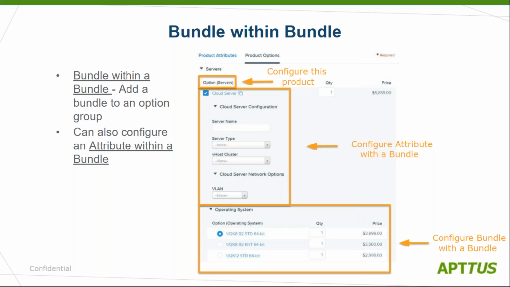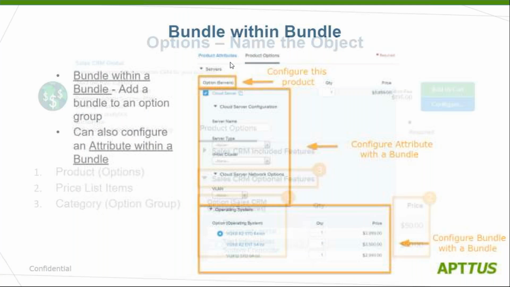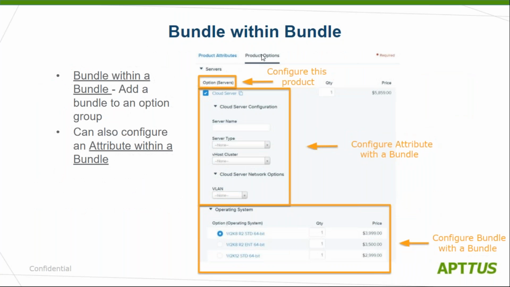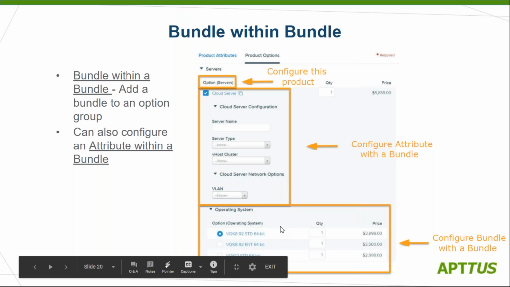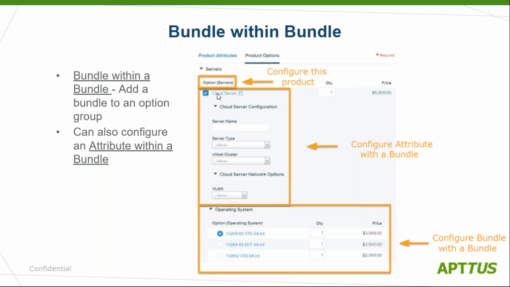That means you have a bundle product which has product attributes and product options. When I go to the product option, I have another product, a cloud server solution. When I select the cloud server solution, I also have operating system. So there is one more option product inside my product option product. That is what is called a bundle within a bundle.